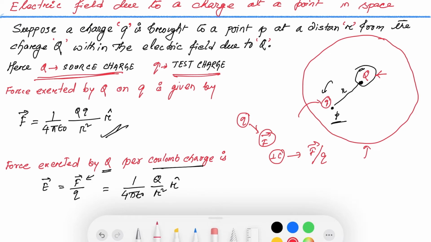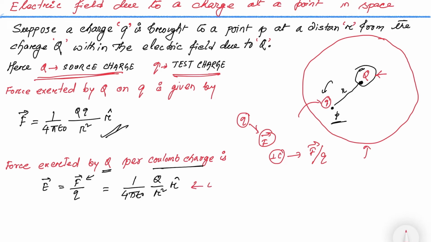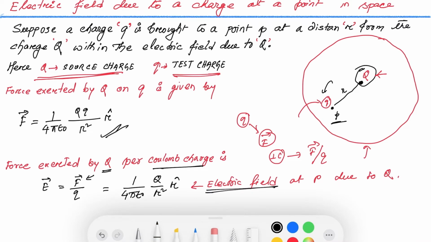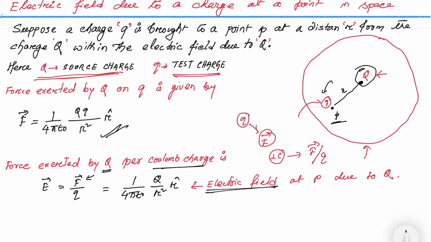So let me write here: electric field at P due to capital Q. And electric field is a vector quantity, okay, it has both direction and magnitude, and its SI unit is Newton per coulomb, right?